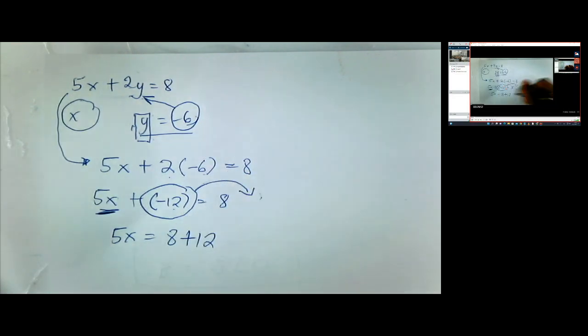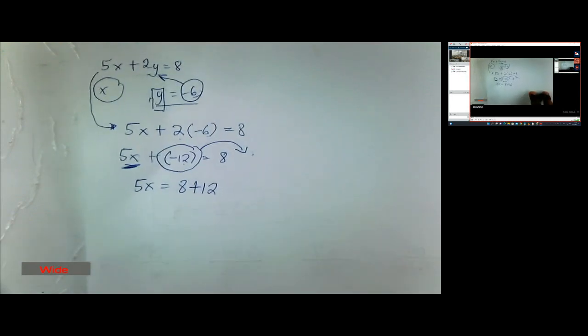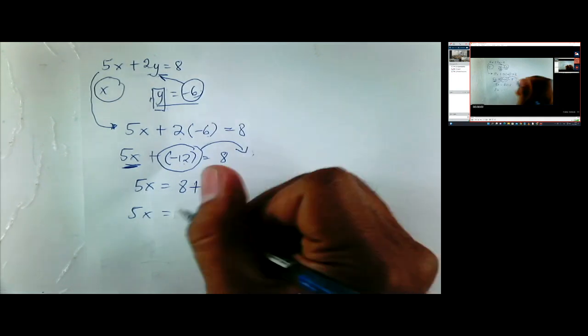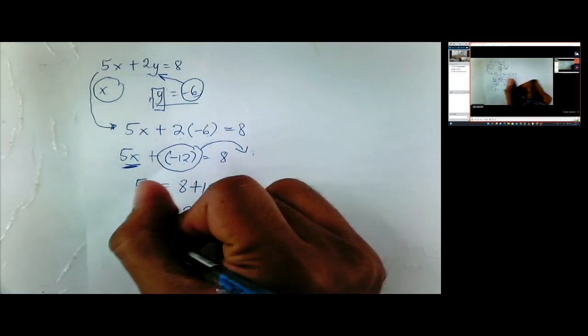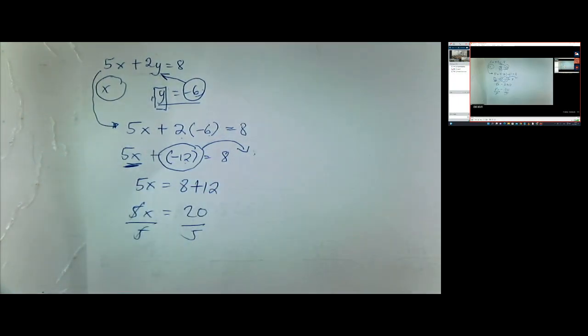Positive 12. Again, this is solving linear equations. And we will have 5x is equal to 8 plus 12 is 20. And to solve for the value of x, we're going to divide it by the coefficient of x, which is 5.